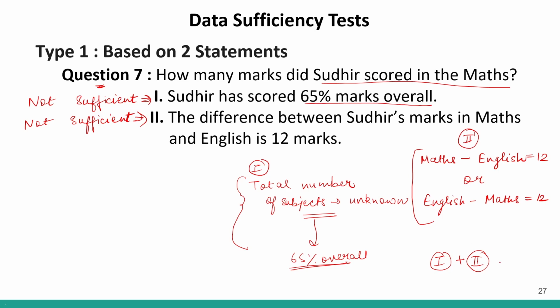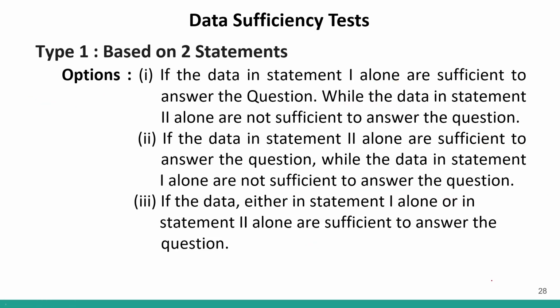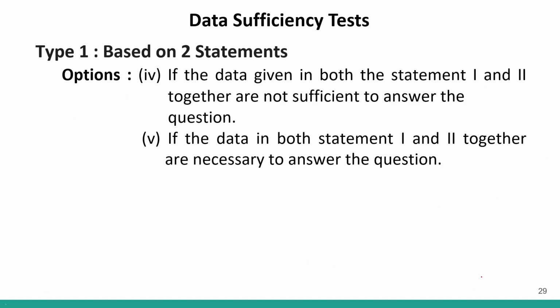So even after combining the two, I cannot find the answer. That means they are insufficient. So if I look at the options, option 4 will be the correct answer, because the data given in both statements 1 and 2 together are not sufficient to answer the question. Clear?